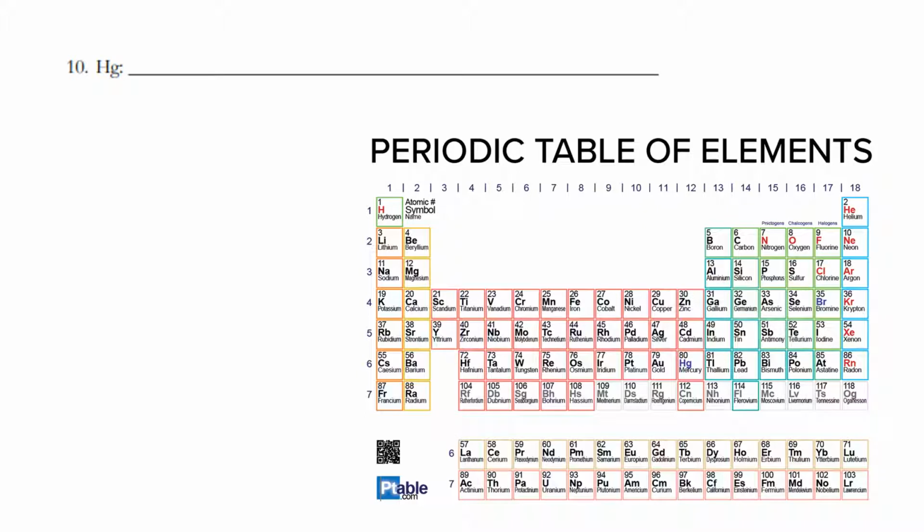Let's try one more. Let's try mercury. Mercury is all the way down here. It's huge. So again, our same trick is to use the noble gas of the prior level. So I'm going to draw a line at the prior level. Here, this is our last noble gas, so I'm going to write xenon. Xenon takes care of it. And now I just have to take care of this and that.